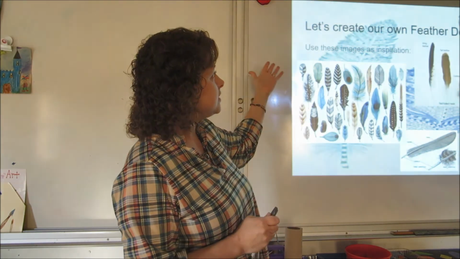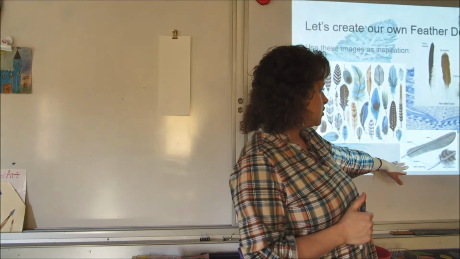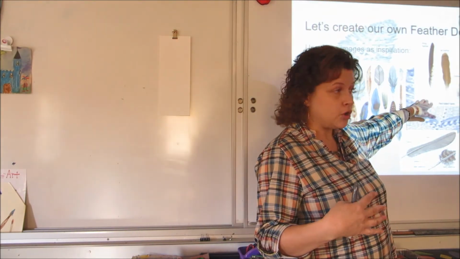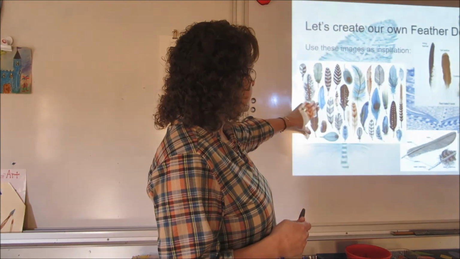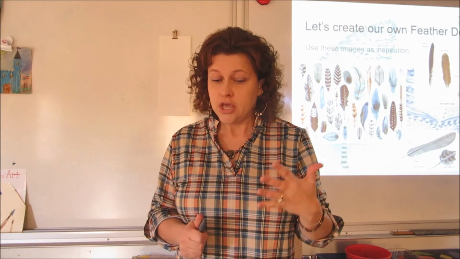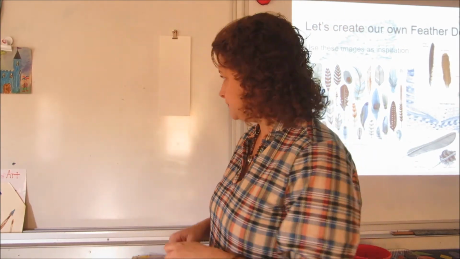Now, these are images for our inspiration. We have some images that show the parts of the feather, the types of feathers, like where they come from on the bird, what they would look like, and then some different examples of different types of feathers on different types of birds. So you could design yours to look many different ways.